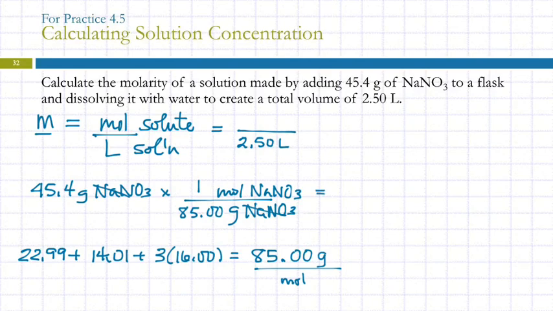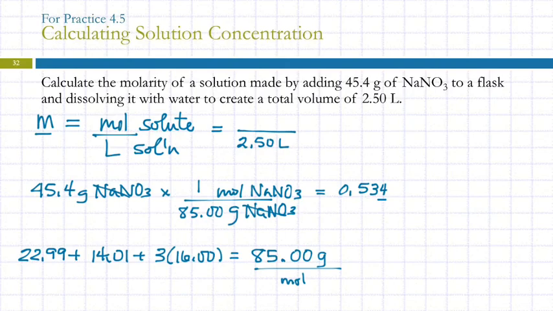So we do the math, and we come out with 0.534. Well, those aren't very good digits. The 45.4 had 3 significant figures.